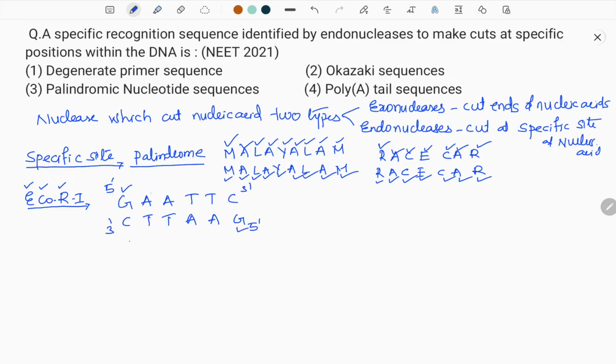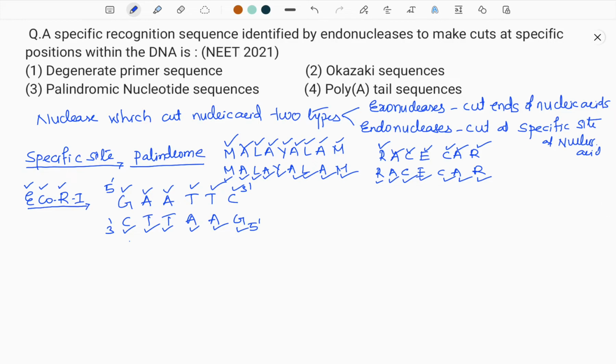G, A, T, C. So it is the same when you read it in the opposite direction. So how do we know that a particular segment of DNA is a palindrome or not? The only simple thing is that it should be the same when you read it in the opposite direction.